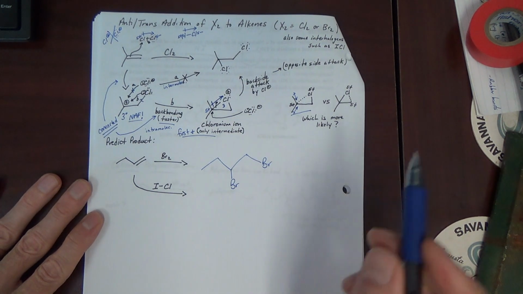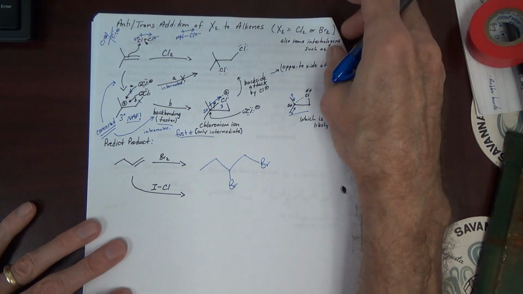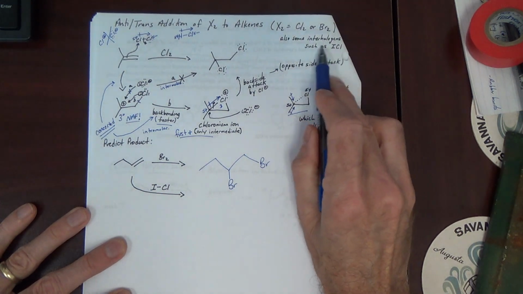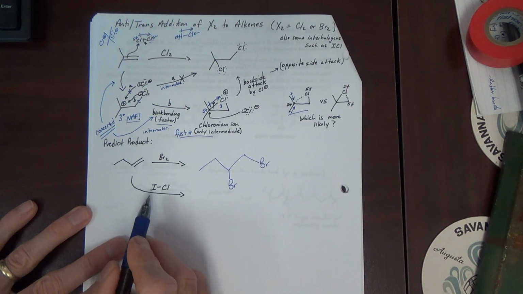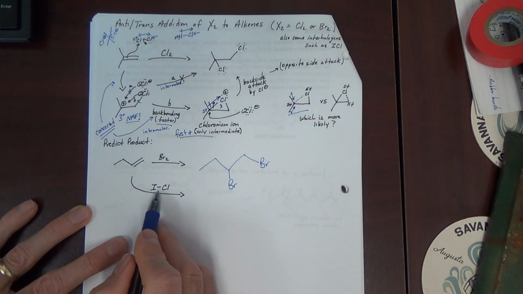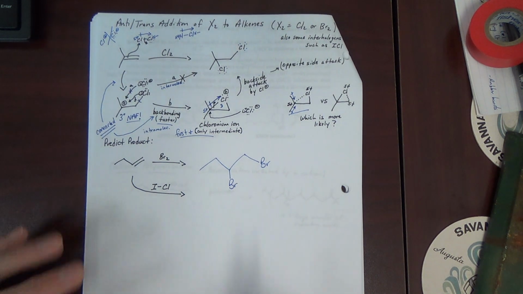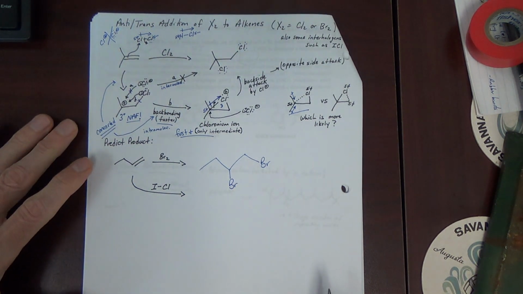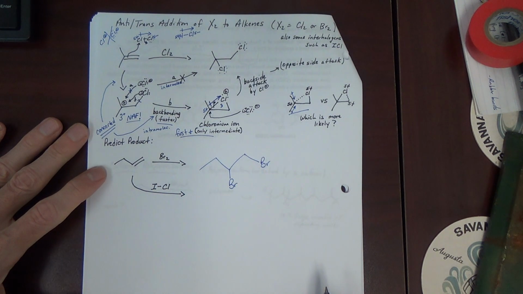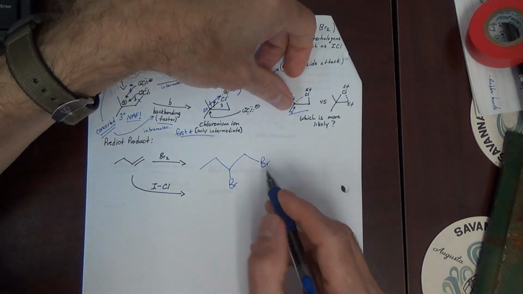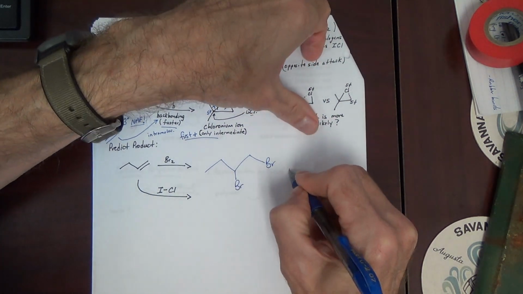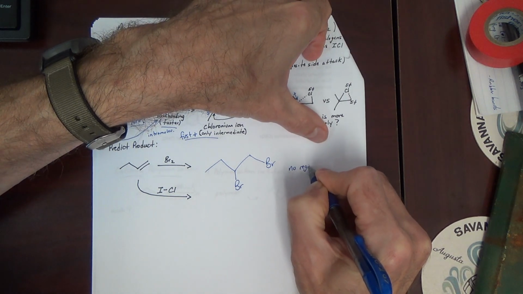This reaction can also be done with interhalogens. Interhalogens are where you have two different halogens bonded together, like iodine and chlorine. Now in this reaction here, there's no regioselectivity.